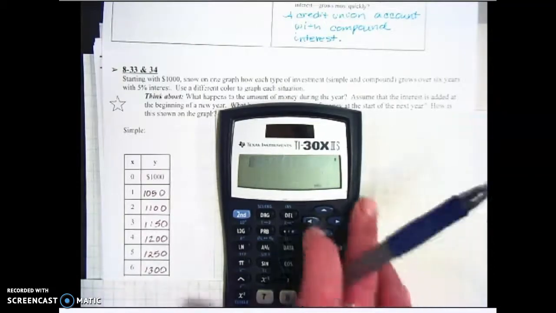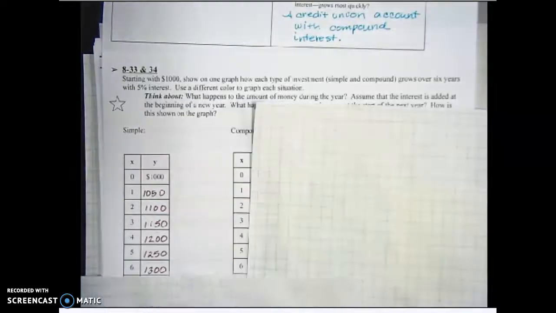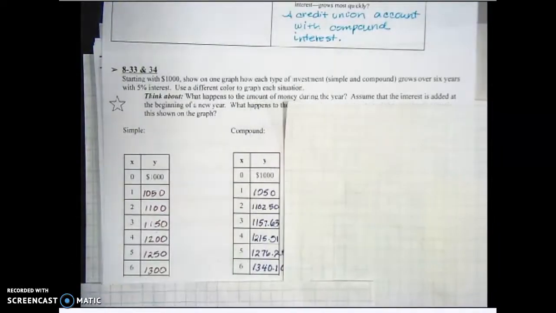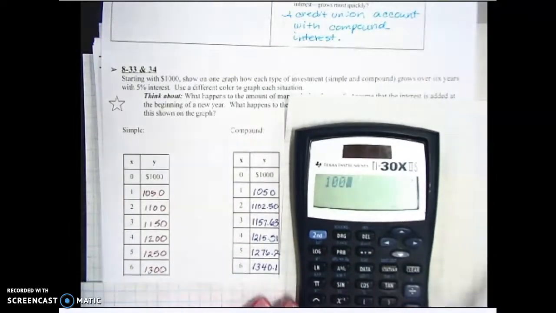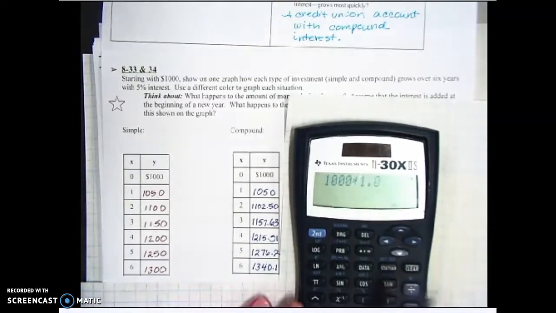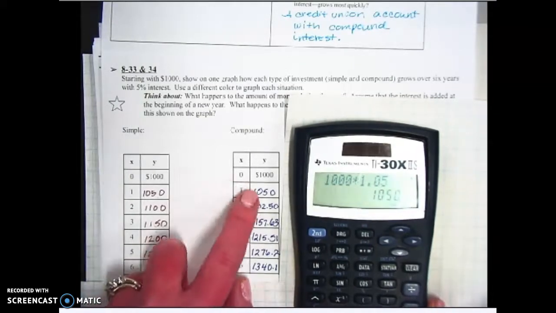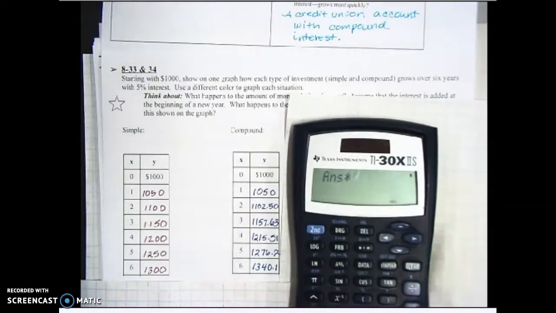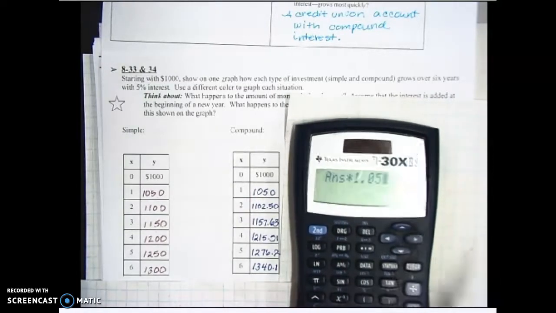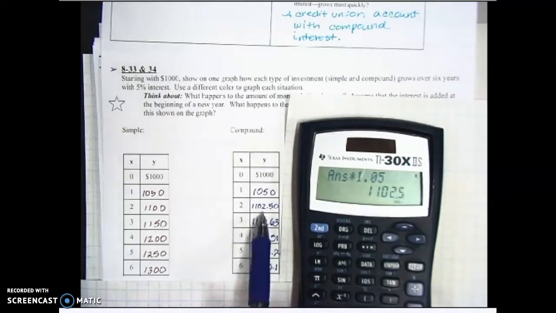Then for the second one, that's where you do the little trick. Okay. So here's the trick. Now you're going to take 1,000, multiply it by 1.05, and you get $1,050. Leave that answer in there, and you multiply times 1.05, and you get $1,102.50.